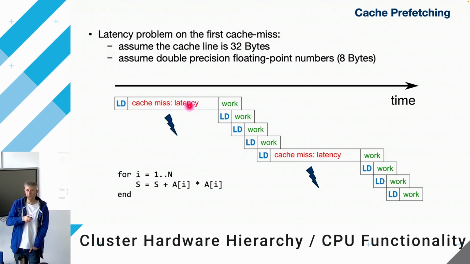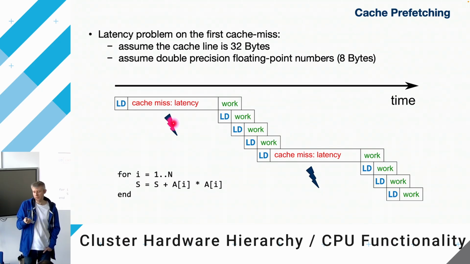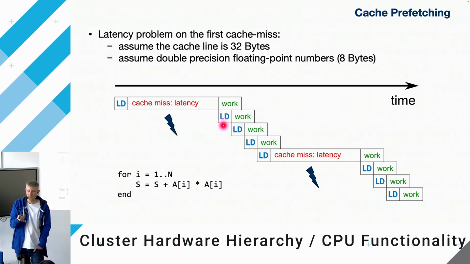And if it's loading multiple values, then our next load instructions can be answered by the caches. Therefore, this is faster, we have less latency, and we can already do the work until the next load that results in a cache miss, and we again have latency.